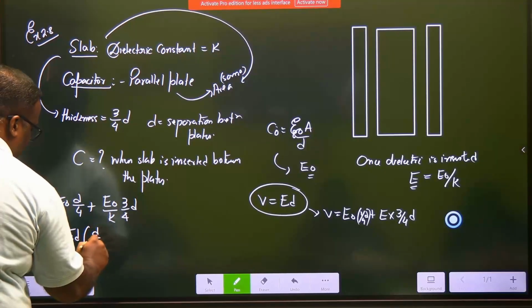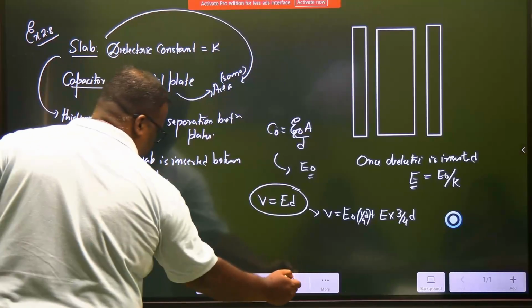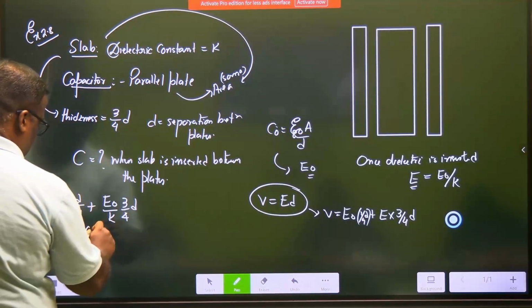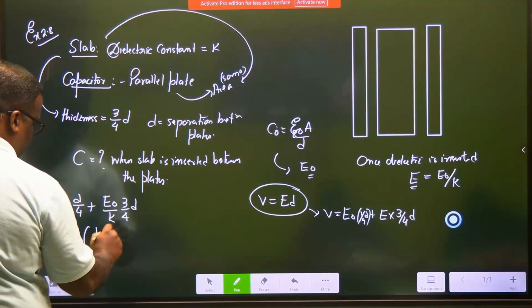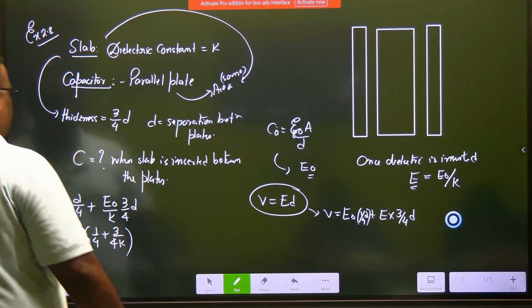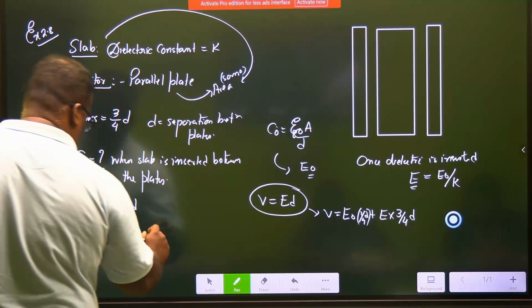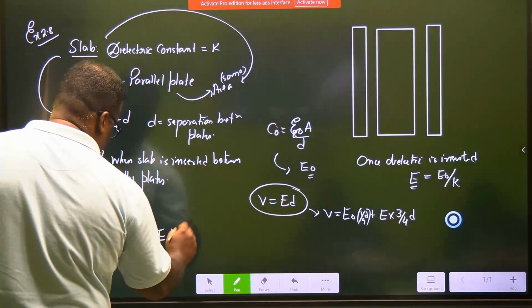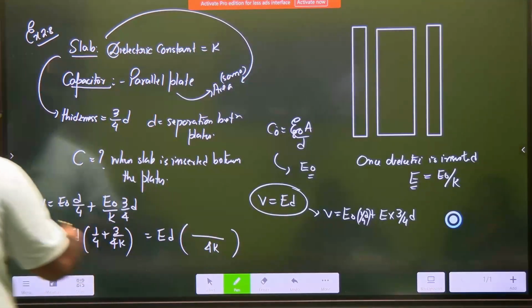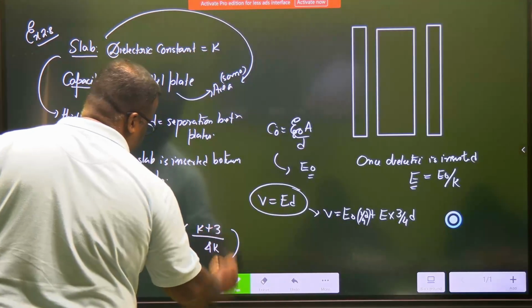This will be 1/4 plus 3/4 K. So if you do it further, it will be E0 D, and 4K will be our LCM. 4K divided by 4 is K. So here we will get K plus 3.